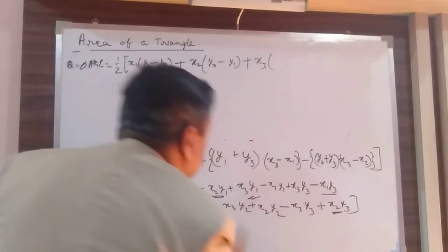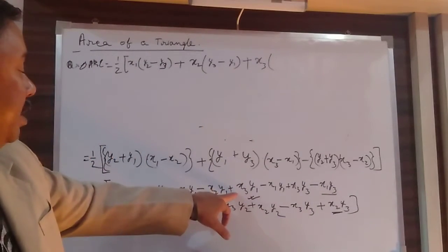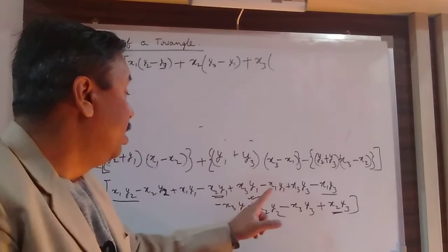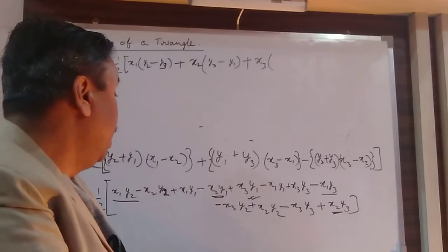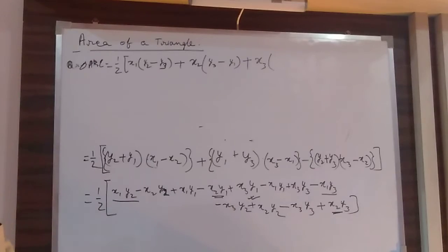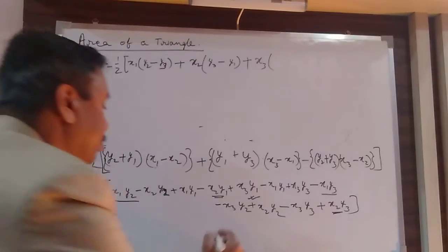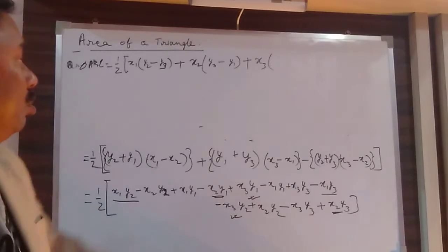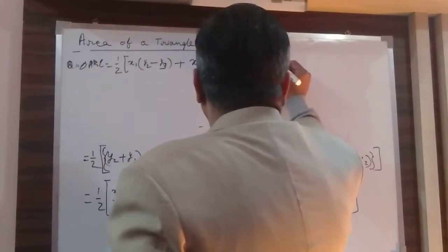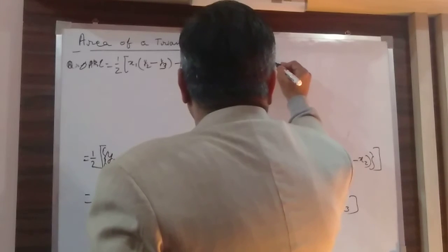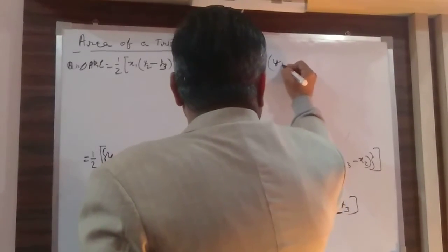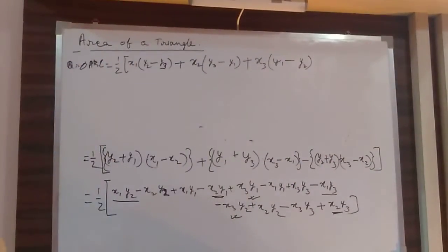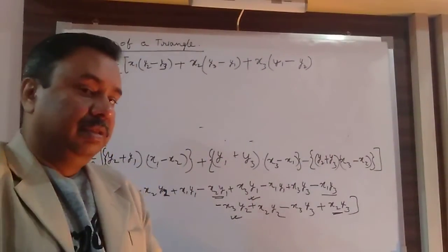There it is. From there I will take x3 y1 minus x3 y2. Where is it? Let's see, it is there, x3 y2. So now there I will write y1 minus y2.